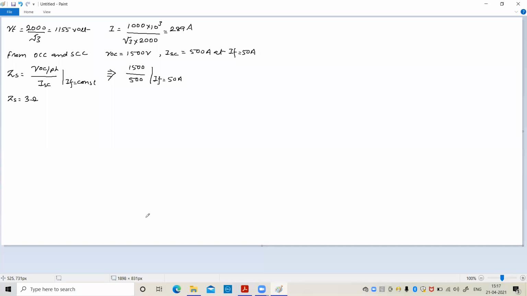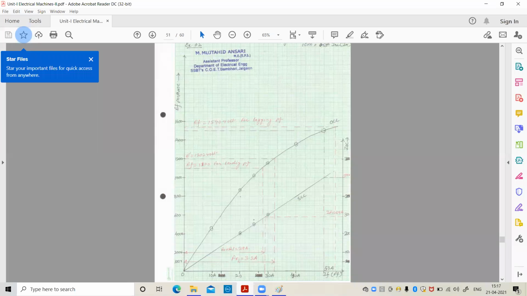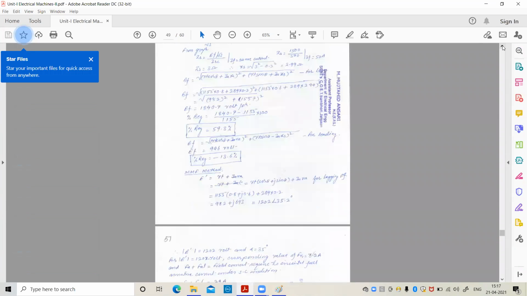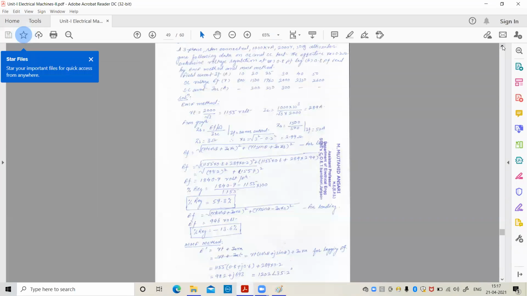Now see in the figure itself, if you are going to calculate at rated voltage, from the data itself it is found that the rated voltage is 2000 and the current is 300 ampere.